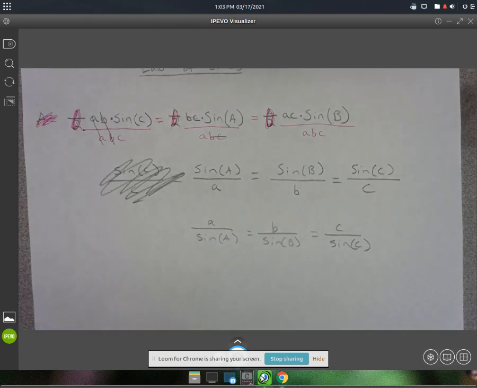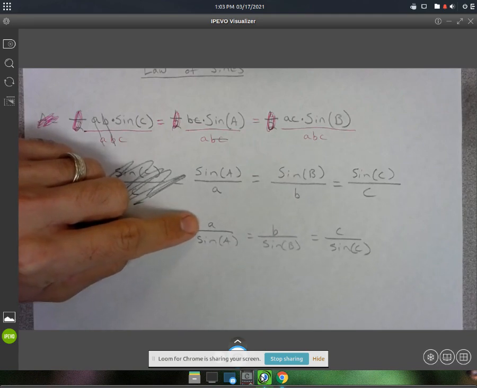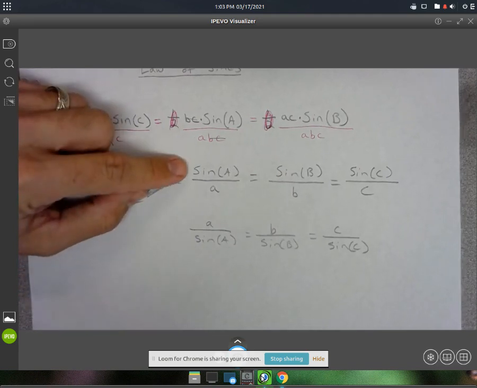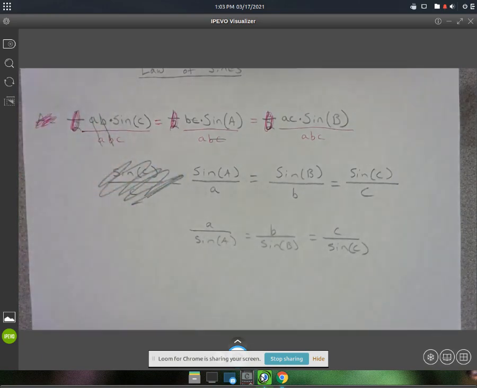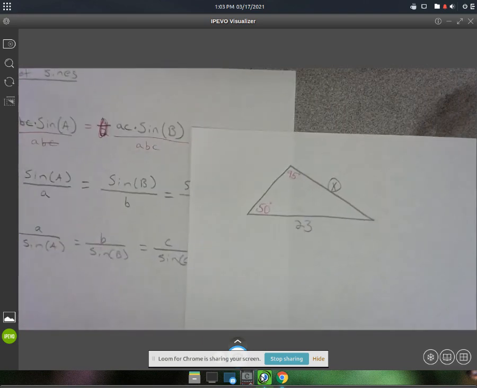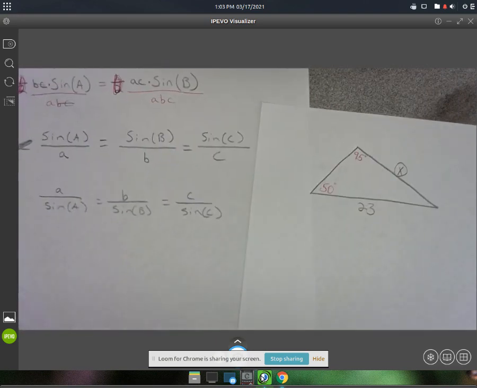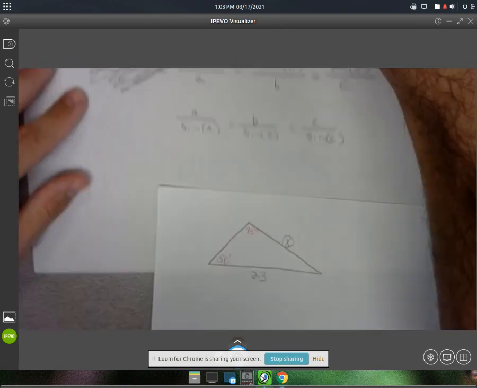If you're solving for a side length, you always want to use this one where the side lengths are up top. If you're solving for an angle, you'll want to put the one where the angles are up top. I'll show you an example of how this plays out. This applies to triangles that have nothing to do with right angles, to non-right triangles.